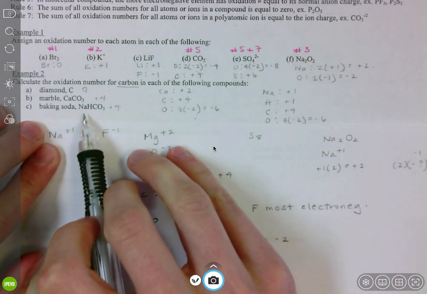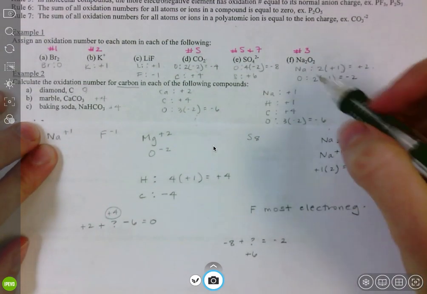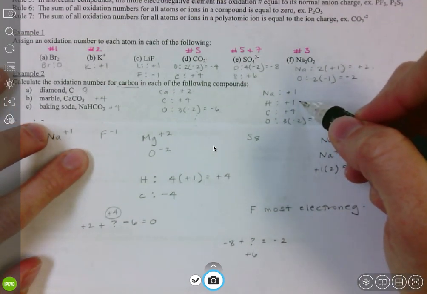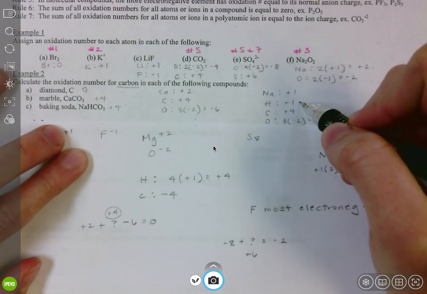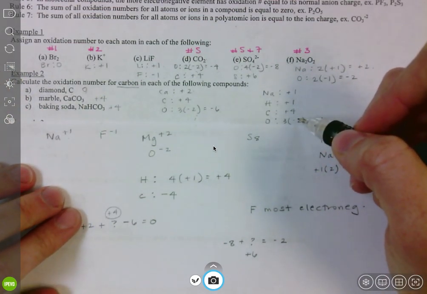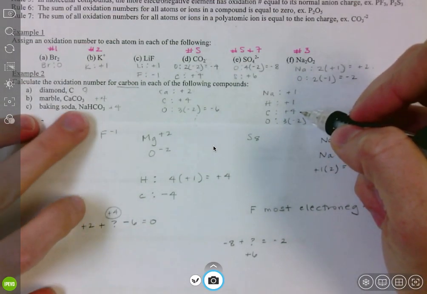We do something very similar with baking soda, NaHCO3, sodium bicarbonate. Sodium has a +1 charge, always, it's in group 1A. Hydrogen, we're not sure necessarily what it is, but here it's attached to nonmetals, so it's going to be a positive charge with the bicarbonate ion.